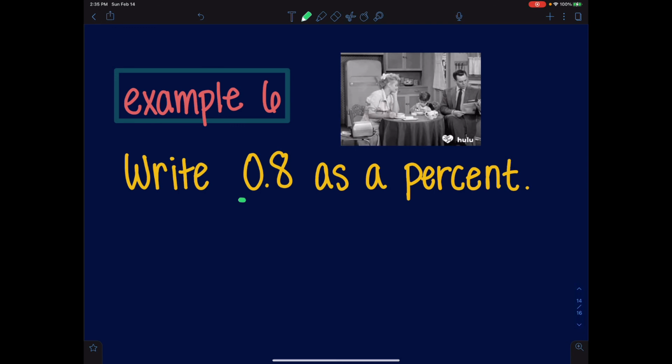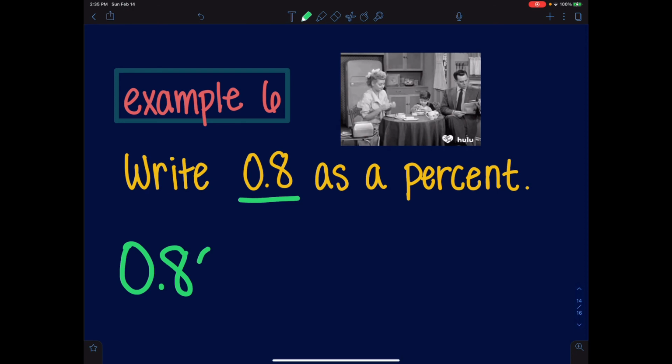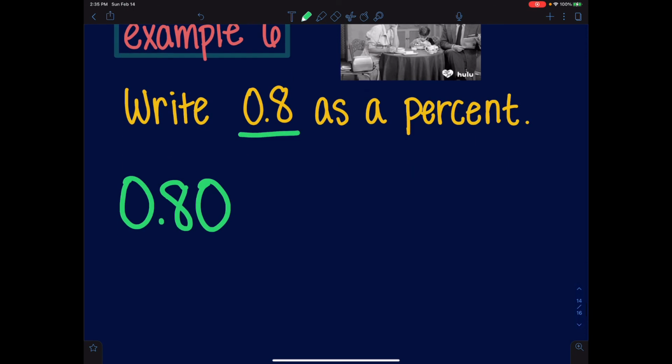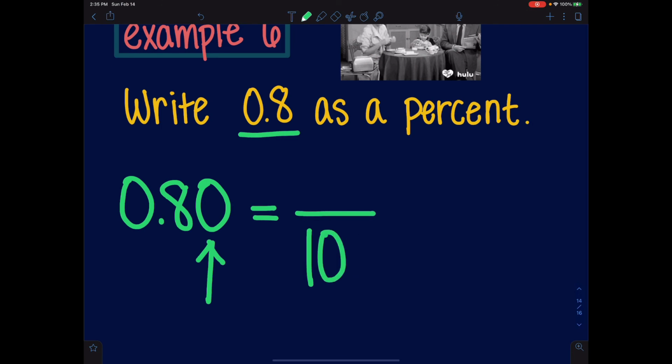Now it says write 0.8 as a percent. So this one's different than the last one. The last one was 0.08 and it was 8%. Now, someone not as smart as you is going to say that the answer here is 8%. But it's not, because now you have to get to the hundredths place because you want it to be over 100. So now you add an extra 0 because you want the number to be something over 100.